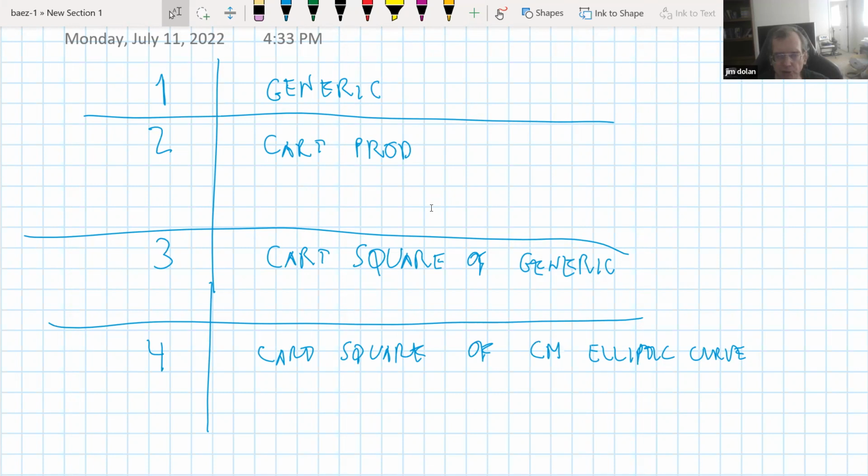And that endomorphism ring has a ring homomorphism to this complex associative star algebra that we're talking about, right? Mm-hmm. There's a ring homomorphism there.